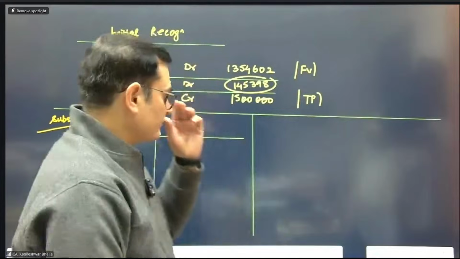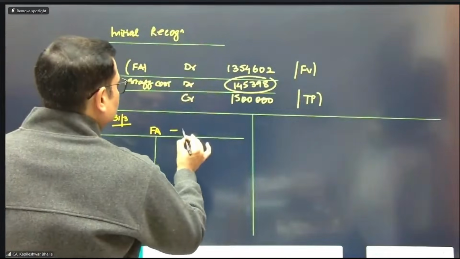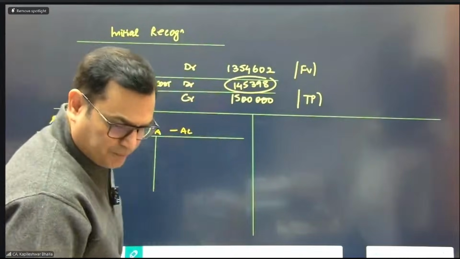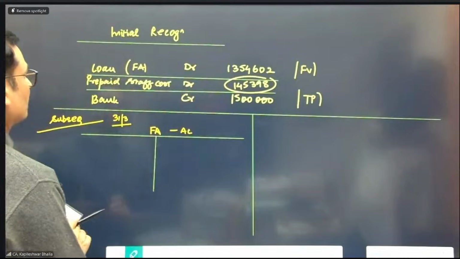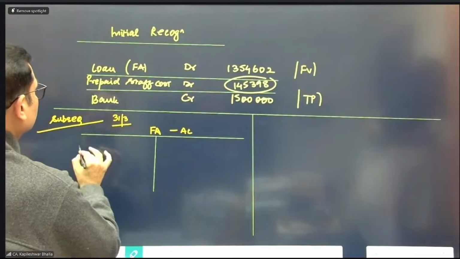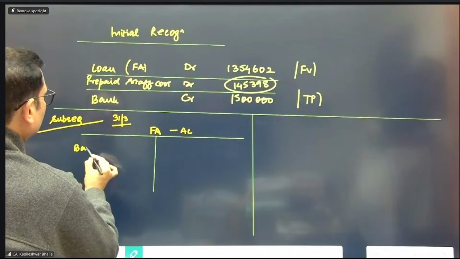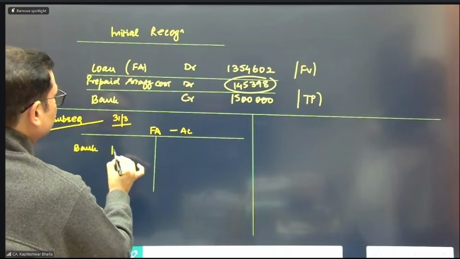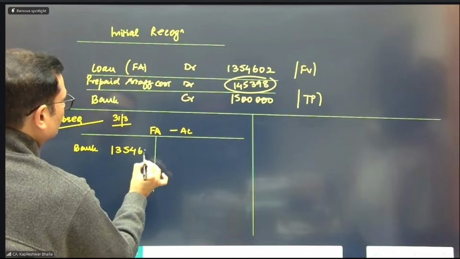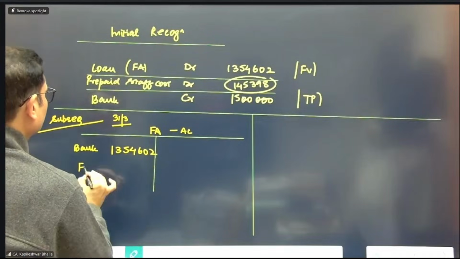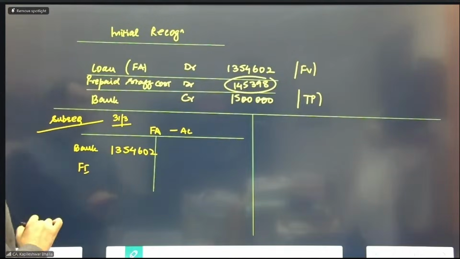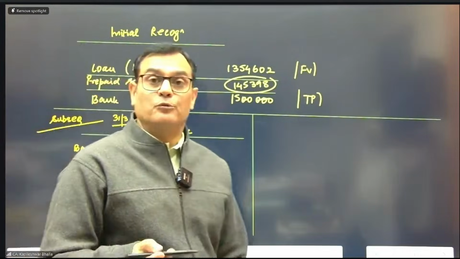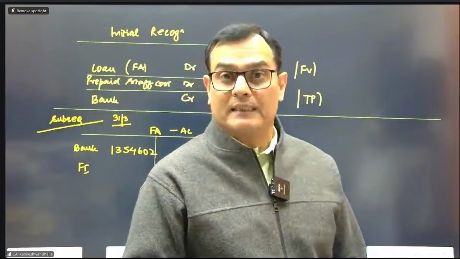Not an issue. So this is going to be accounted at the amortized cost approach. So let's record this. Financial asset gets recorded, this is bank with the fair value, 13,54,602. So we'll attribute the finance income at what rate? The rate at which you do the discounting, you're going to do the compounding at the same rate.